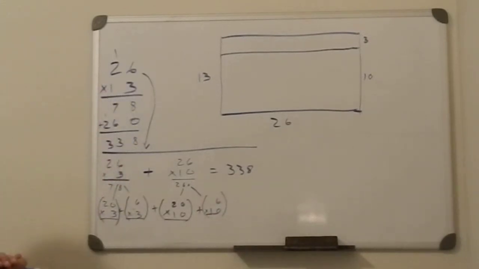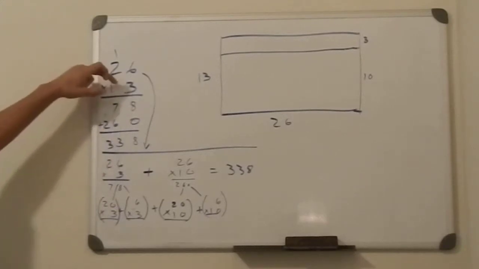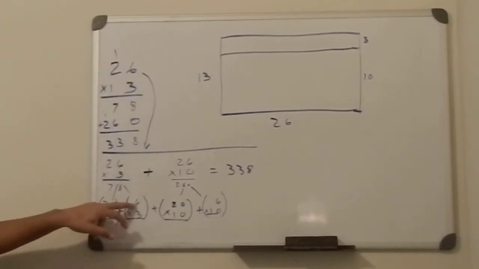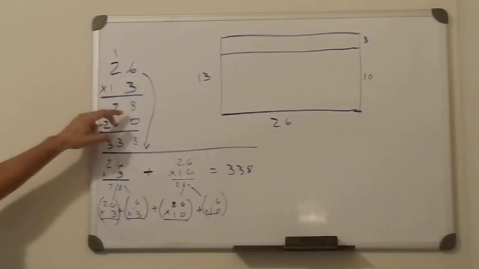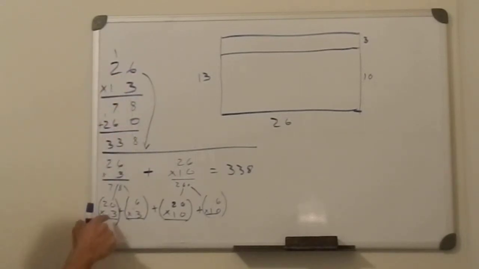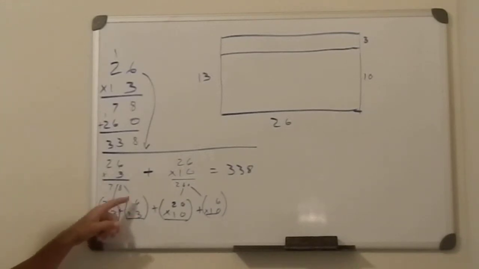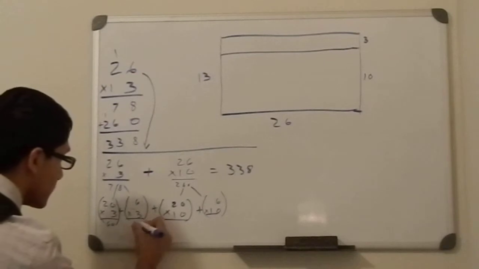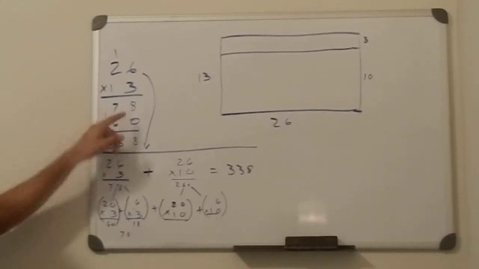Okay, so what we did was break this down. So when we multiply 3 times 6 and 3 times 20, and then add it up, we get 78. So 3 times 20 is 60. 3 times 6 is 18. Add it up, 78, which is what we get, right?